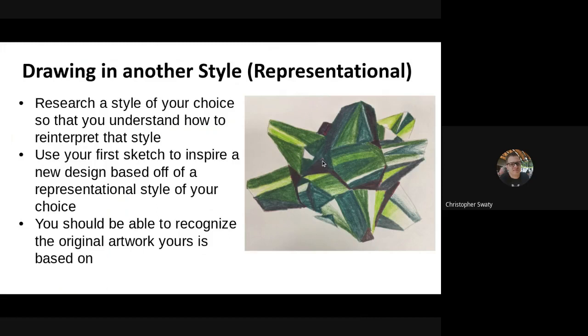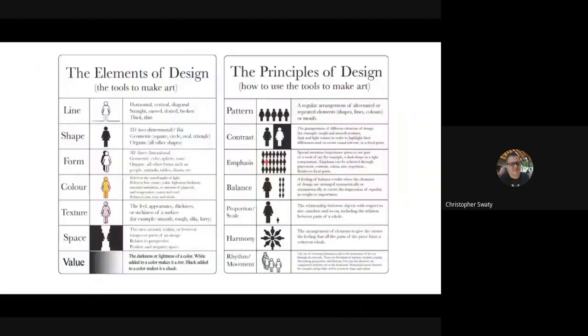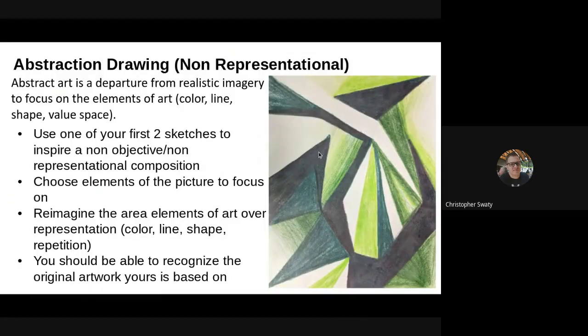So this really dark shape right here, I chose to focus on that and then focus on these different colors and values. This really dark shape is just a really magnified version of those dark shapes from my original one. And then I just tried to replicate those shapes, play around with my shading.